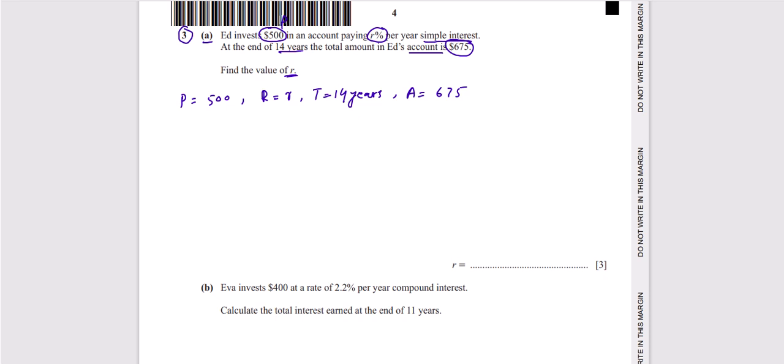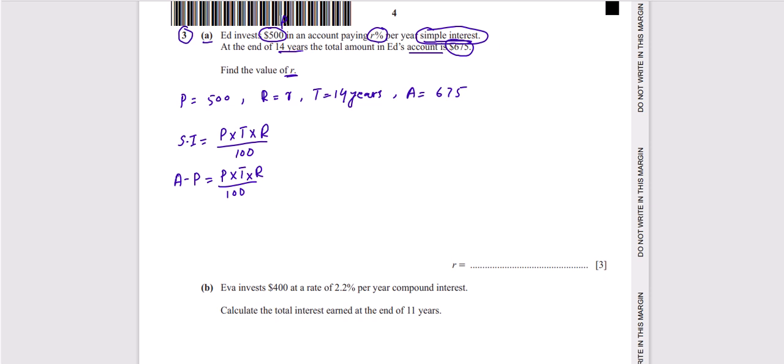Now the formula of simple interest, SI is equal to P multiply T multiply R divided by 100. Putting in the values, the simple interest, that is A minus P, is equal to P multiply T multiply R divided by 100.